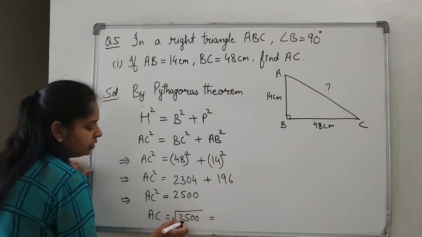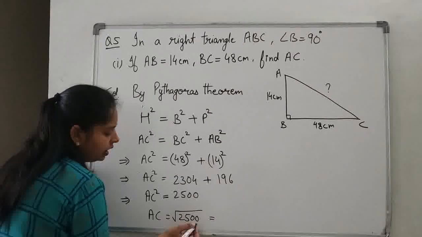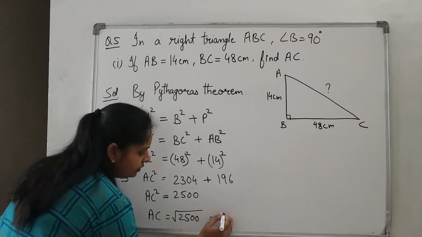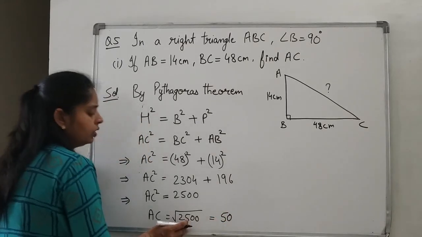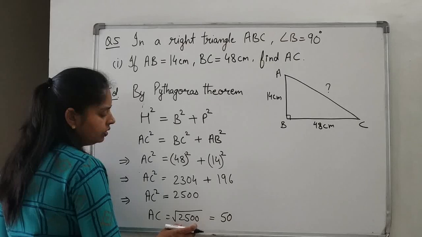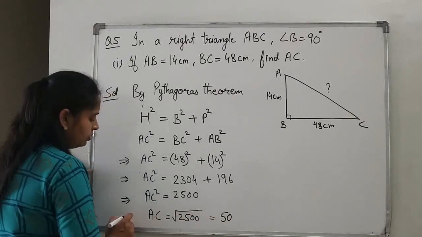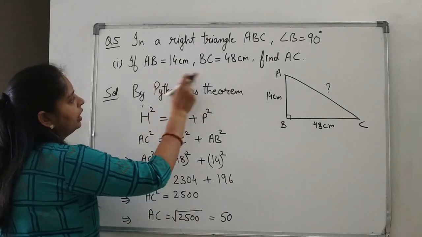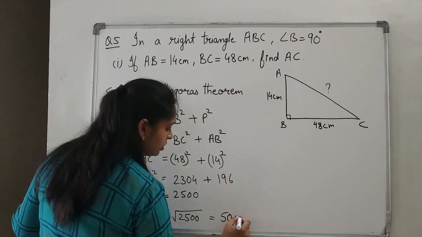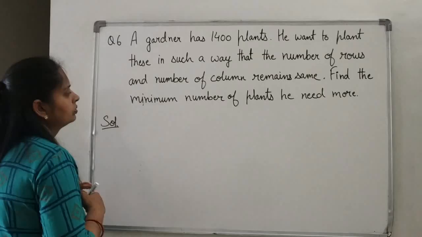Also we know that 25 is the square of 5 and 2 zeros are there, so 50 is the square root of 2500. 50 into 50 gives you 2500. As all are in centimeters, the unit of AC will be 50 centimeters.